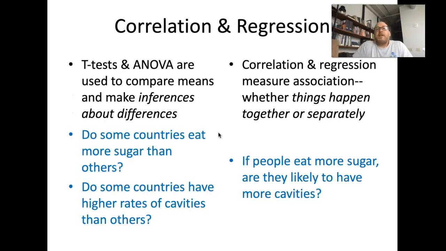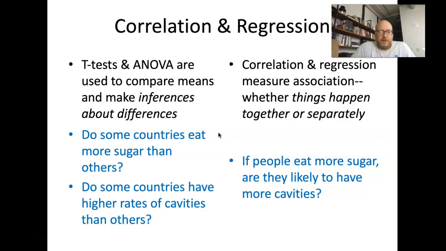All right, so as I said, we have to shift the way we're thinking about things. When we did the z-tests and t-tests in ANOVA, we were comparing means. The inferences we made were about the differences between groups.